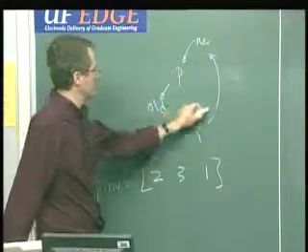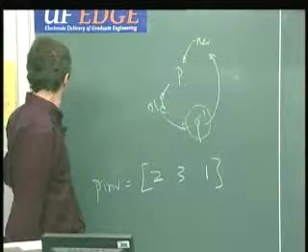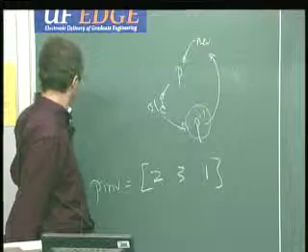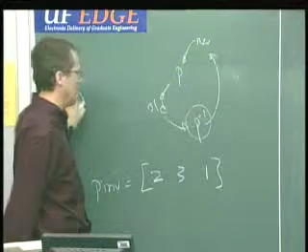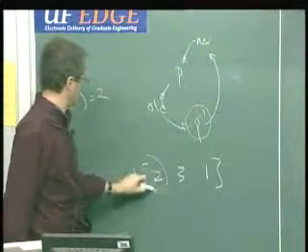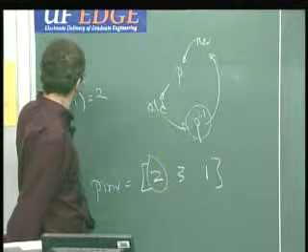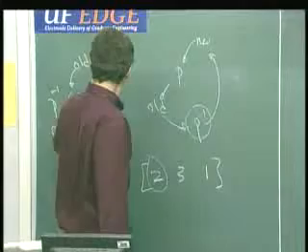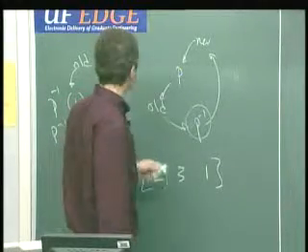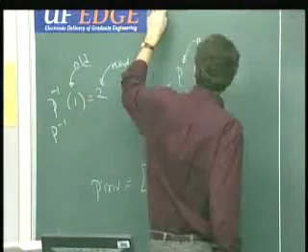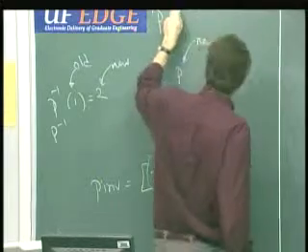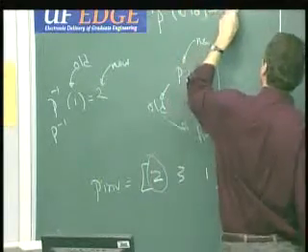So P_inverse of 1 is 2. This is old, and this is new. What I mean here is that P_inverse of old is new.